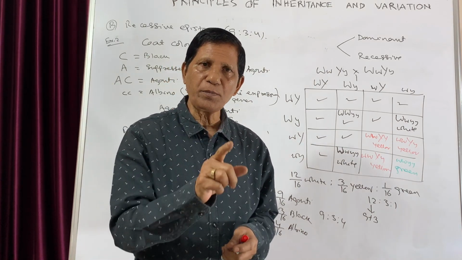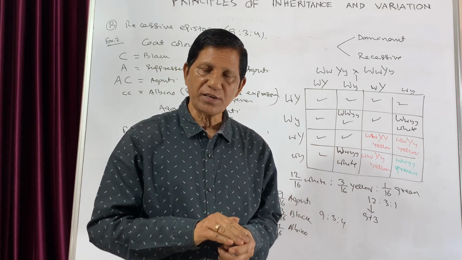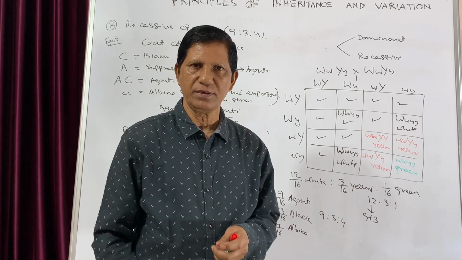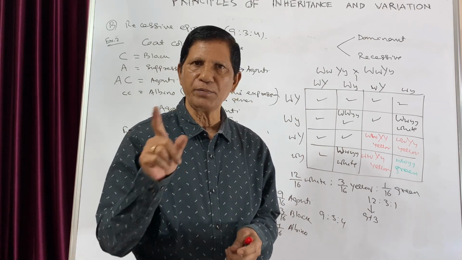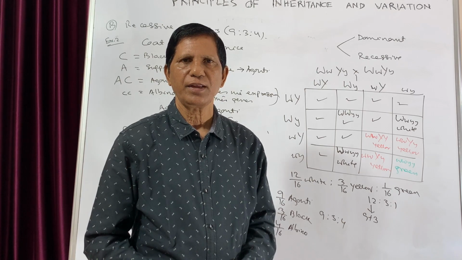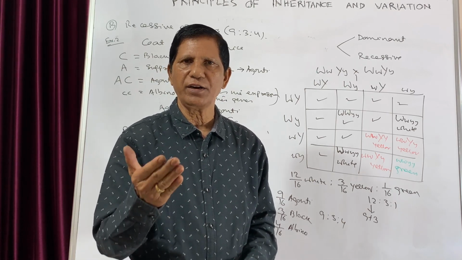But when one dominant gene suppresses the expression of another dominant gene present in a different locus of the same chromosome or a different chromosome, that is known as epistasis. This is very clear. So I hope you have a very clear understanding.